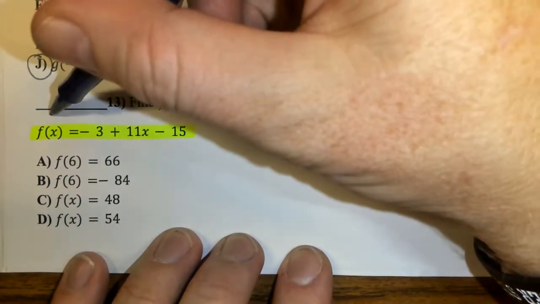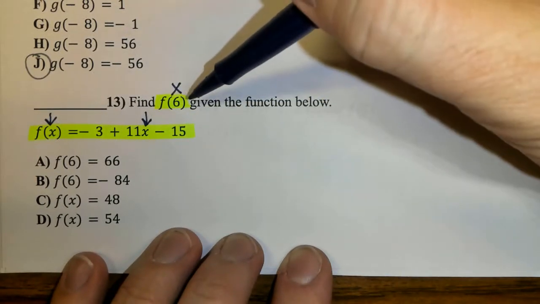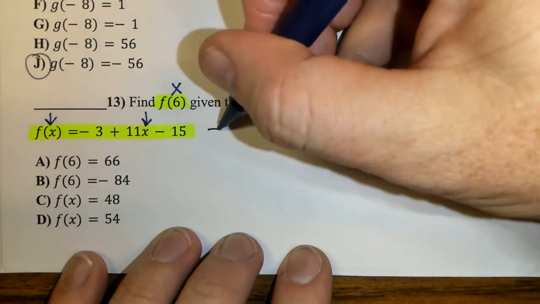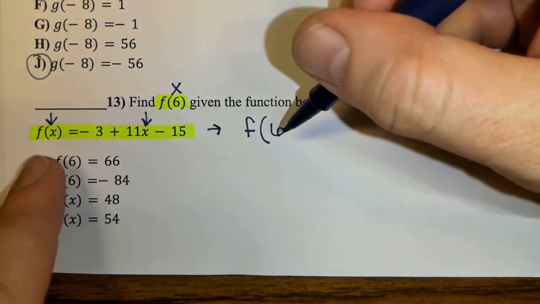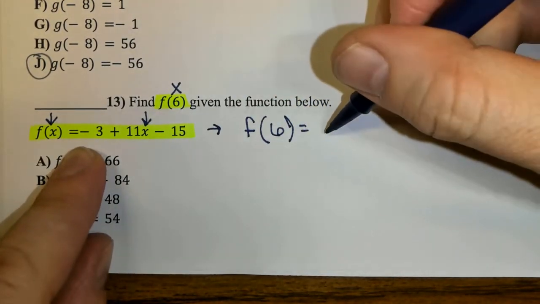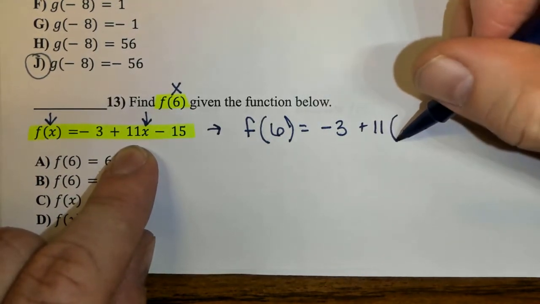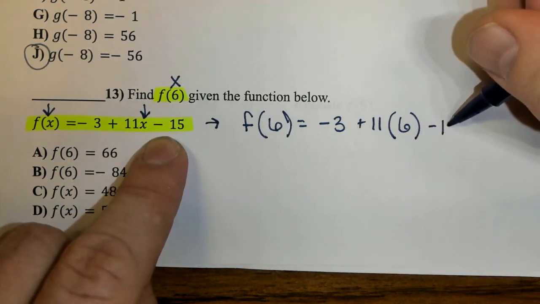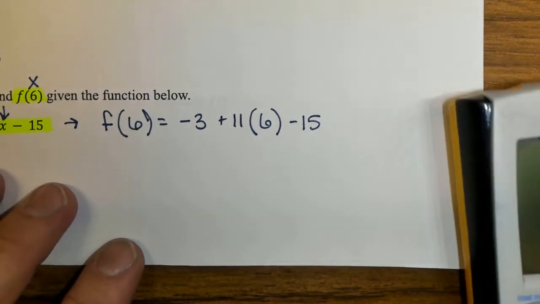So now I'm going to replace all my x's with 6, and then figure out what answer I get, okay? So f of 6, instead of x, equals negative 3 plus 11 times 6, and then minus 15. Now again, you want to make sure you type these in right.